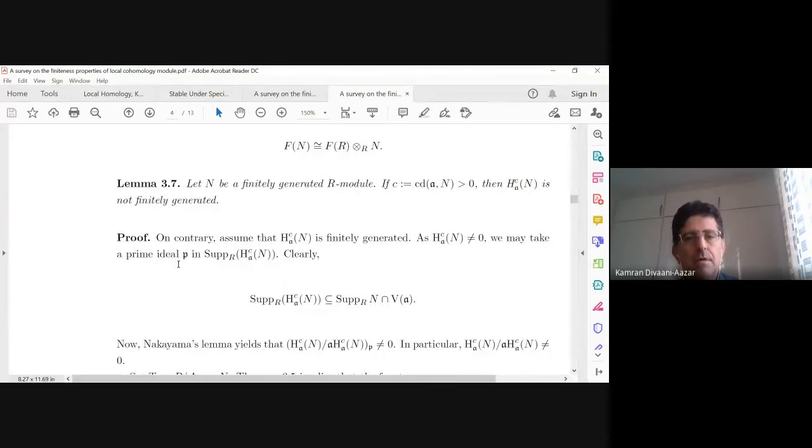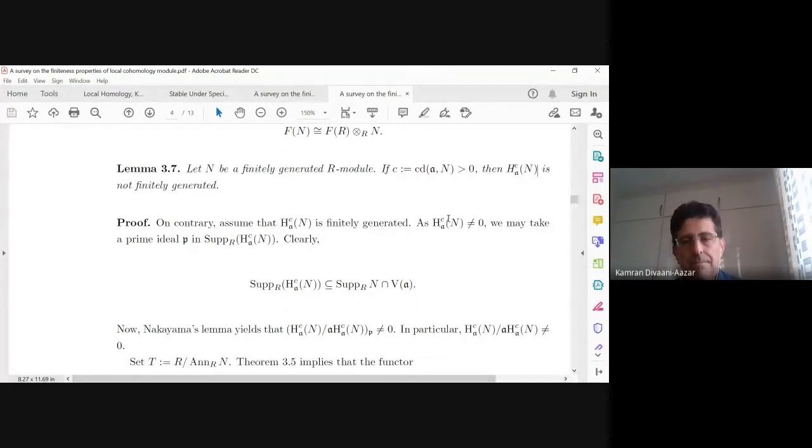For its proof, suppose on the contrary that this local cohomology is finitely generated, and we look for a contradiction. As this is not zero, we can have a prime in its support. Let P be a prime ideal in the support of this local cohomology.